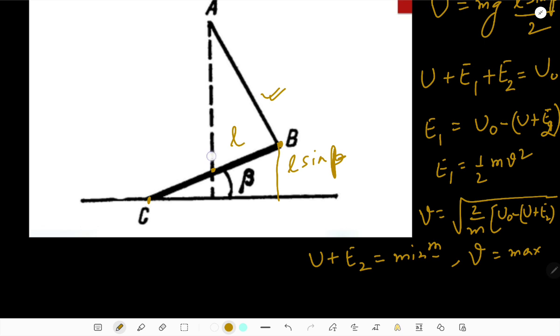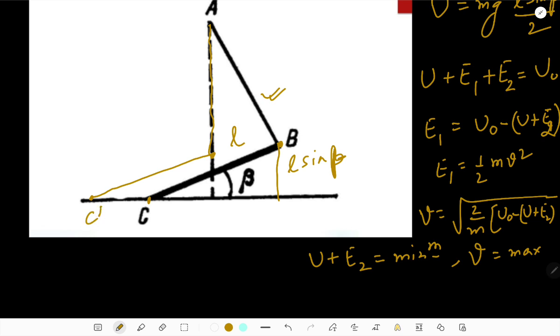And I simply guess, I don't know where it comes from, but I just guess that the upper end comes here and the string becomes vertical, so that the upper end of the rod is here and the lowest end of the rod is here.